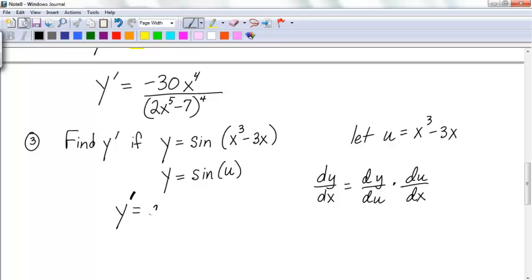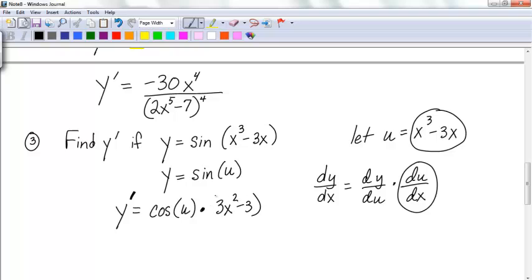Cosine. The angle stays the same, cosine of u, times the derivative of u with respect to x. So you've got to go up to this and say, what's the derivative of that? Minus 3, and that's in parentheses.